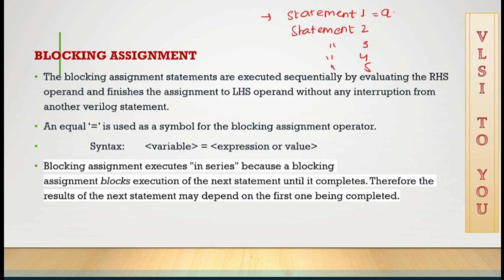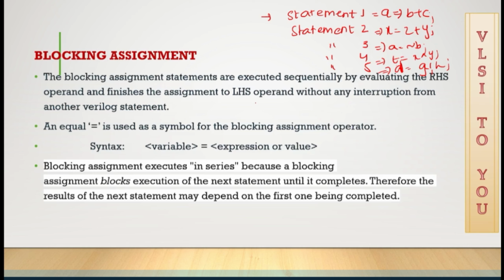For example, A equal to B plus C, here X equal to Z plus Y, here A equal to negation of B, and here T equal to X or Y, or Z or H. In this way, I have taken 5 assignments, 5 statements.